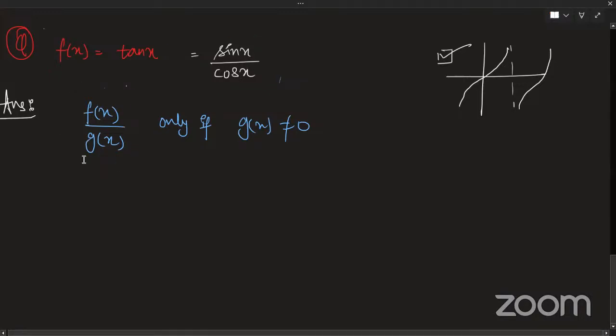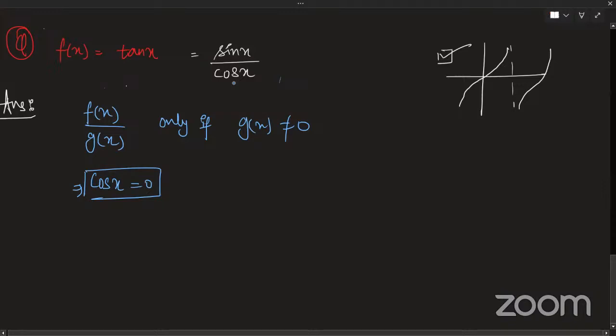This whole thing will be an indeterminate form, right? It will be divided by 0, and anything divided by 0 is not defined, right? Do you all agree? So is there a place where cos x is equal to 0? Yes, there are many places.